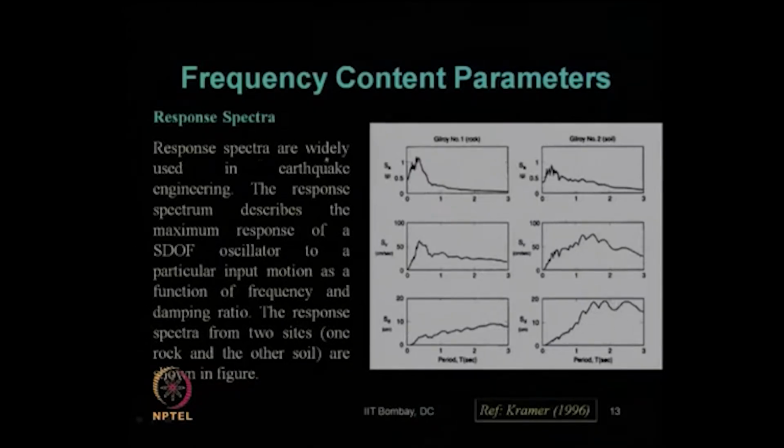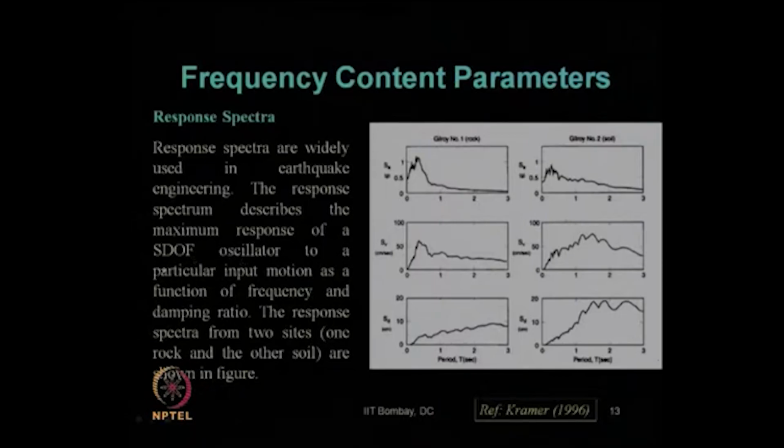Response spectra are widely used in earthquake engineering. As I already said, the response spectrum describes the maximum response. It can be maximum displacement, maximum velocity, or maximum acceleration. That is the maximum response of a single degree of freedom oscillator.